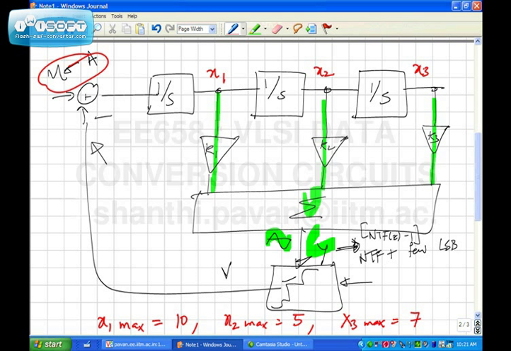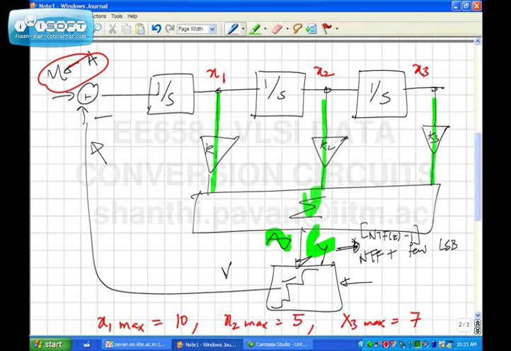Can you comment on the maximum at the output of the first integrator as a function of signal amplitude? Do you think it varies with signal amplitude? Please note that, as you all said, the output of the first integrator has the smallest signal component.